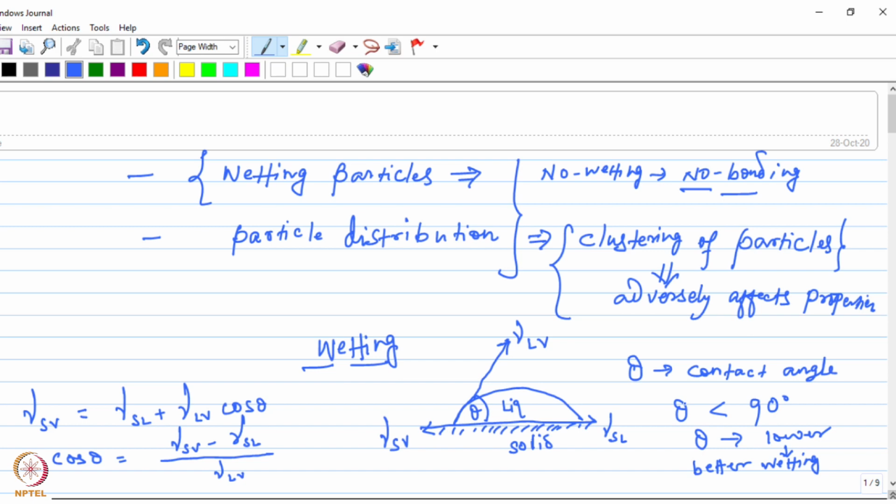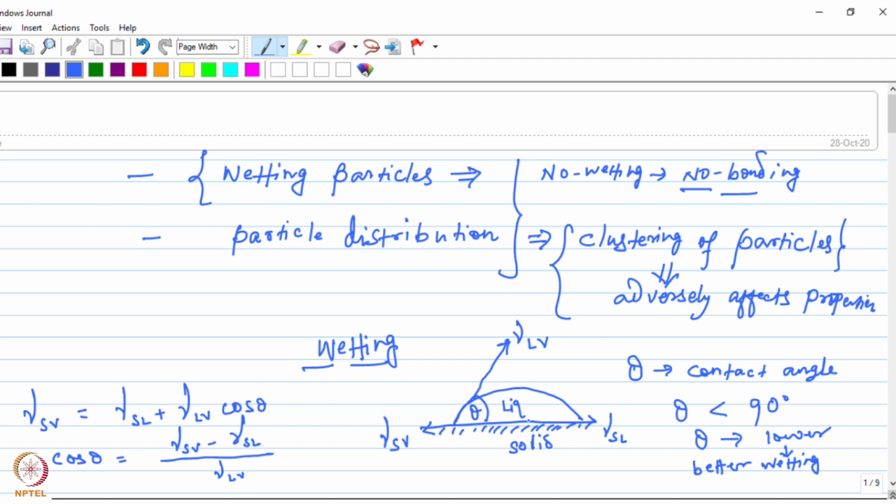Okay. So nowadays there are instruments through which you can put a drop of molten aluminium on a solid surface and you can actually measure the contact angle, right? So you have to evaluate that also while selecting a particular reinforcement for making aluminium based metal matrix composites. So our objective is to have a low contact angle, okay?